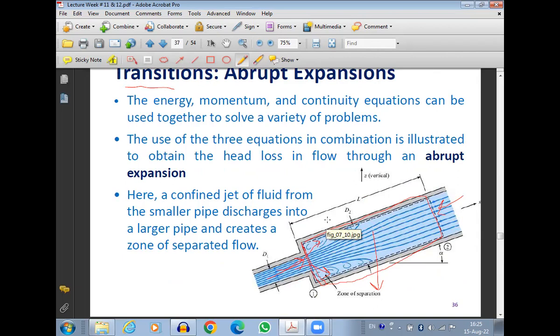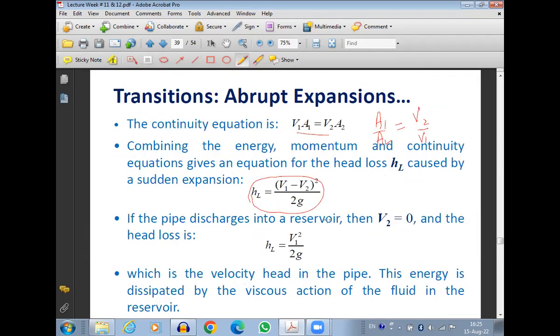So V2 could be considered as negligible. If the pipe is discharging into the reservoir, we can presume that V2 is approximately equal to 0. So we end up with HL equals V1 square upon 2g. That will be the head loss while the fluid is entering into the reservoir.